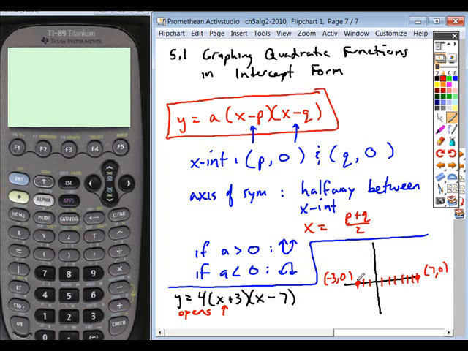So those are your two intercepts. And we know that this graph is opening up. Okay, and then all we need to do is figure out, I'm going to put this in kind of dashed lines here. We know our graph is going to be this parabola. Where does our axis of symmetry fall?